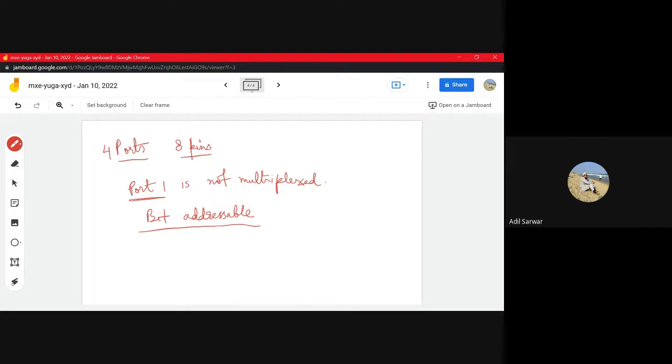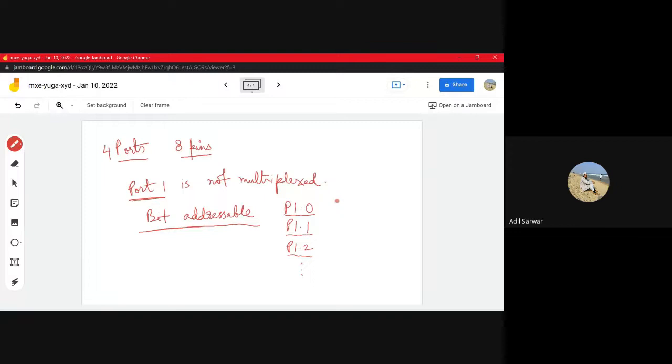If I am talking about port 1, then P1.0 refers to pin 0 of port 1, P1.1 refers to pin 1 of port 1, P1.2 refers to pin 2 of port 1, and so on. If I want to program it independently, I have commands for it.